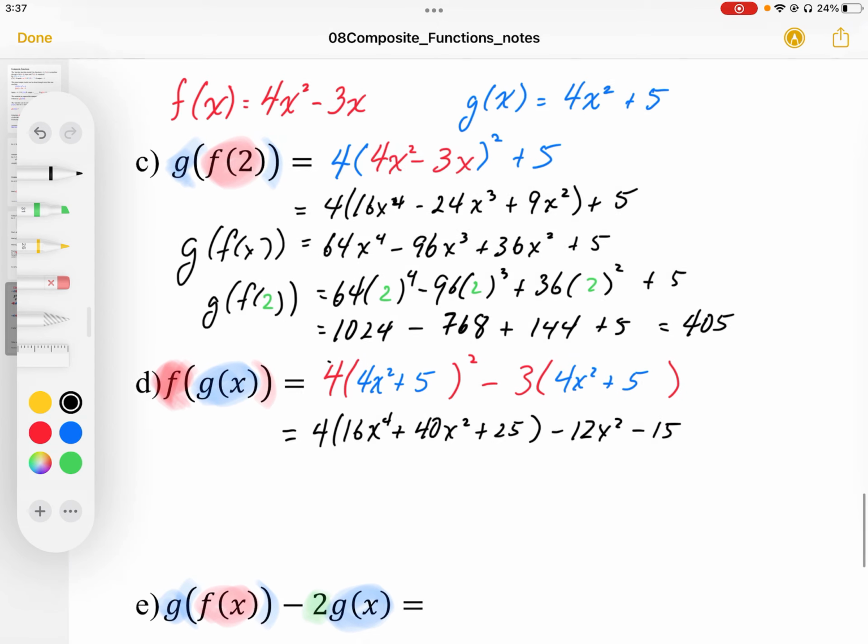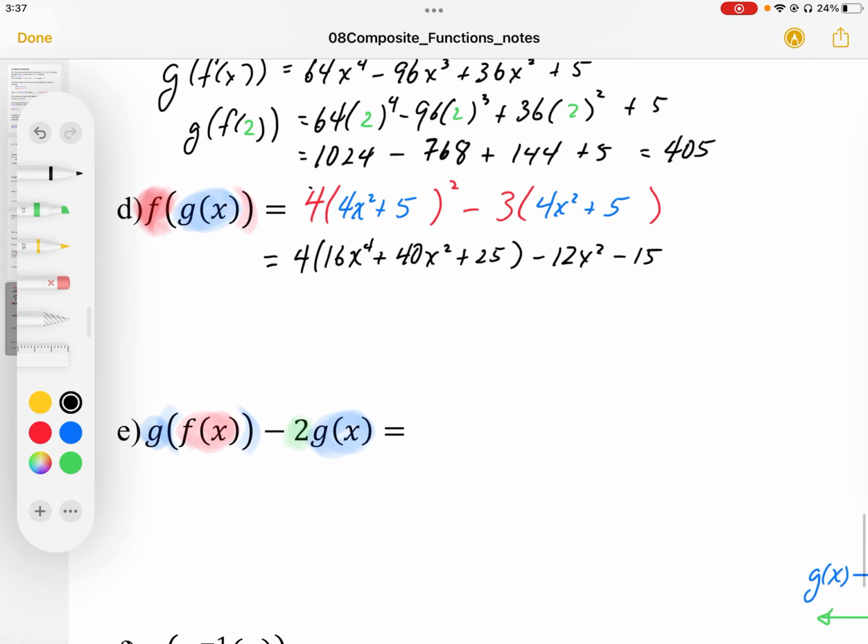Again, watch the brackets. Okay, so then simplifying this out, I'm going to end up with 64x to the power 4 plus 160x squared plus 100 minus 12x squared minus 15.